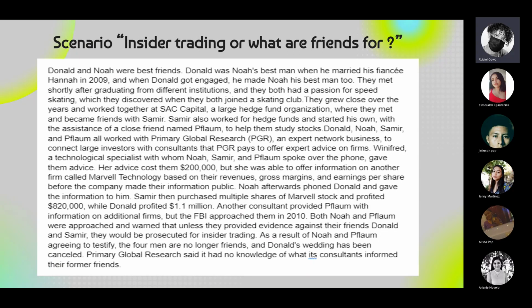From this scenario, we can see that they were all morally wrong in how they acted by using privileged information to make a profit. They all got information before it was announced, and all four men played their roles in delivering the information among themselves, yet only Samir and Donald went ahead with it.